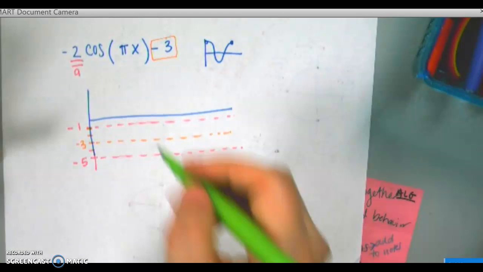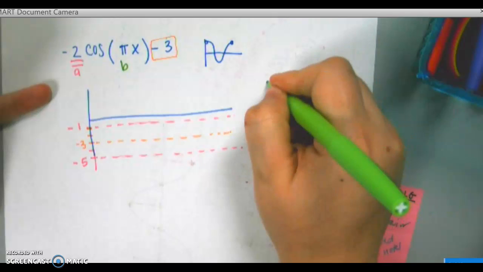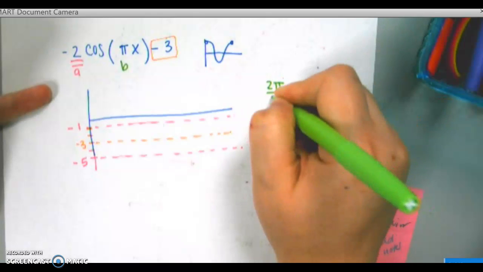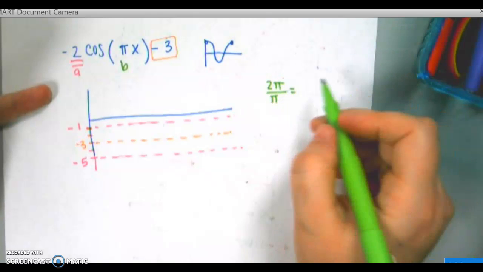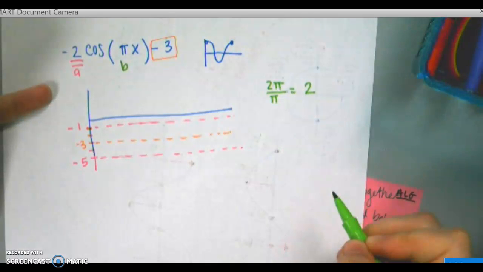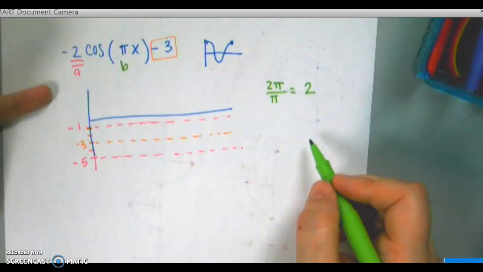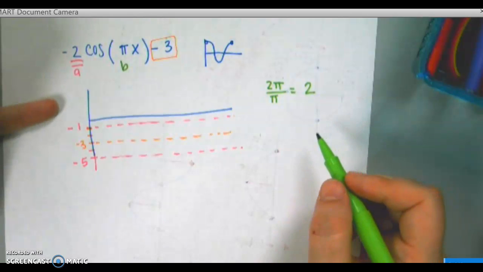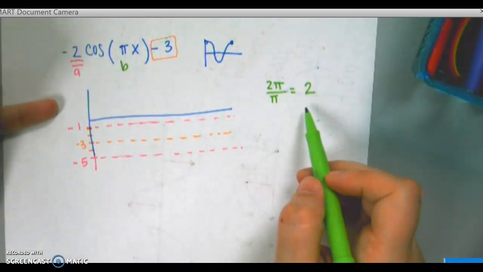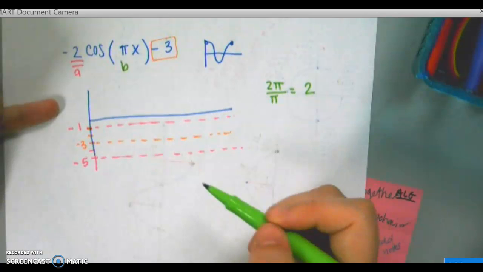Because my b is pi, I'm going to use the 2 pi over b. So 2 pi over pi is 2. It doesn't make sense to do 360 divided by pi because that's just going to be an irrational decimal. So my answer is 2.